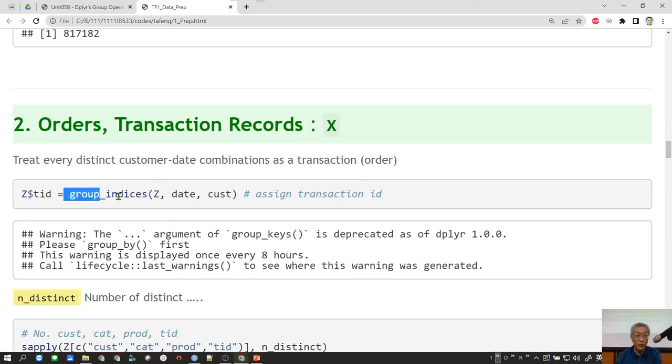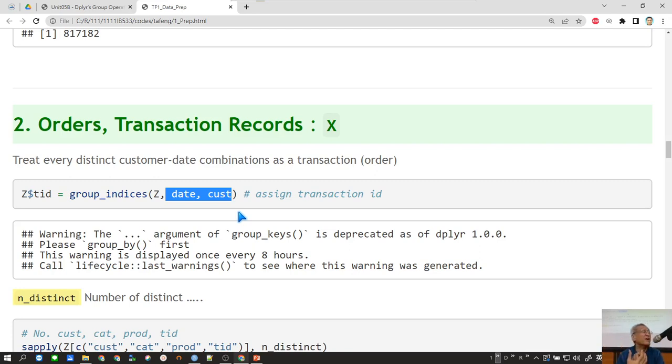We do a group index by day and customer, because we do not have an explicit transaction ID. So we treat every item that the customer buys within a day as one transaction.